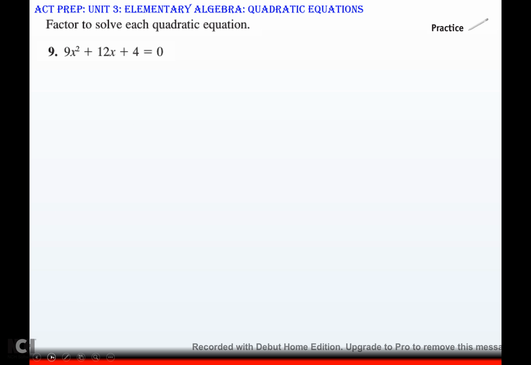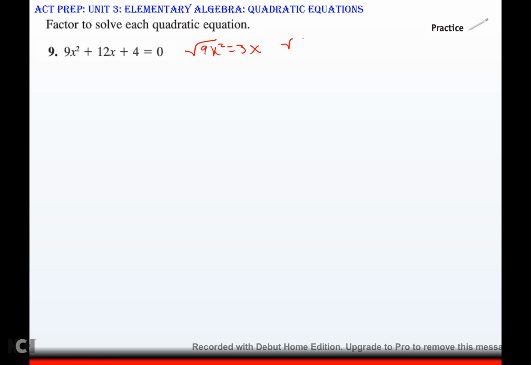Alright, so on this one, I just check the ends. Again, 9 times 4 would be 36, which isn't too bad, and that would work. But if you get old like me and you look at these over and over again for 20-something years, you tend to start to recognize perfect squares, perfect trinomials. So check the ends. The square root of 9x squared is 3x.